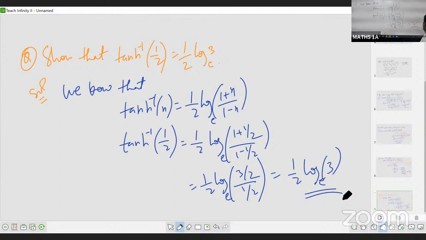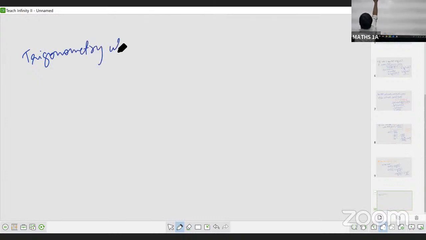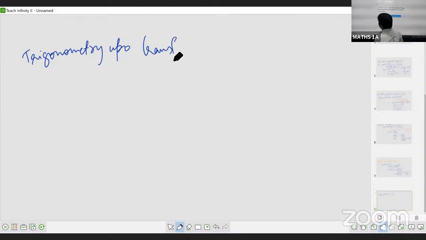Let us do a few trigonometry up to transformation 2 marks. Yesterday we did a few. Today also we'll go for a few more questions. Is it clear? Right. Trigonometry up to transformation.